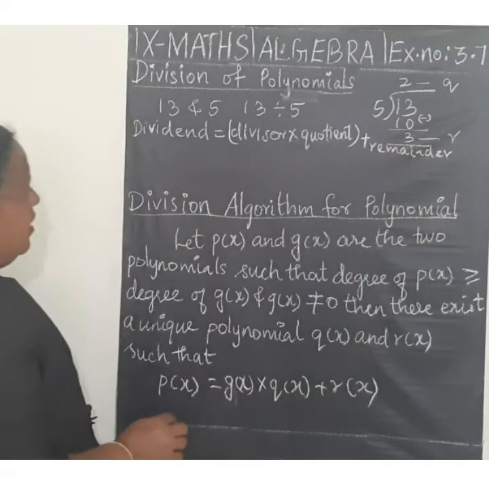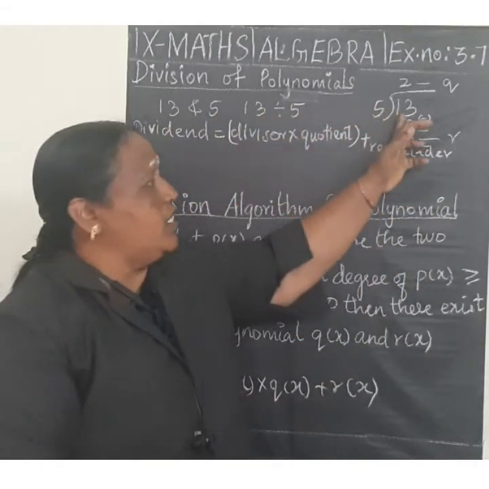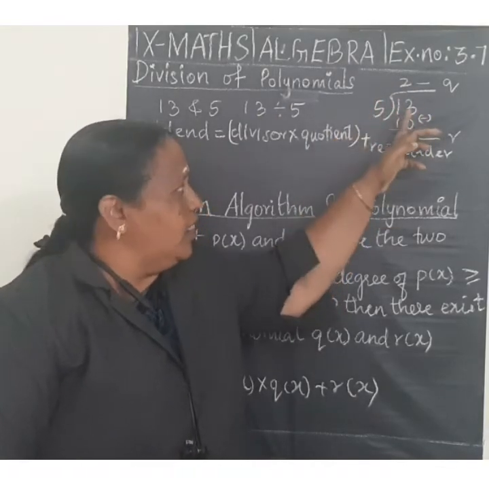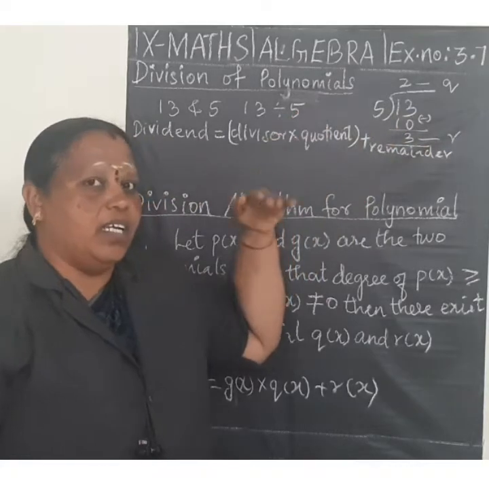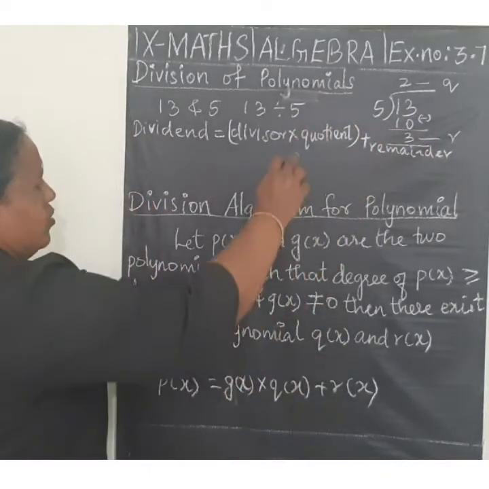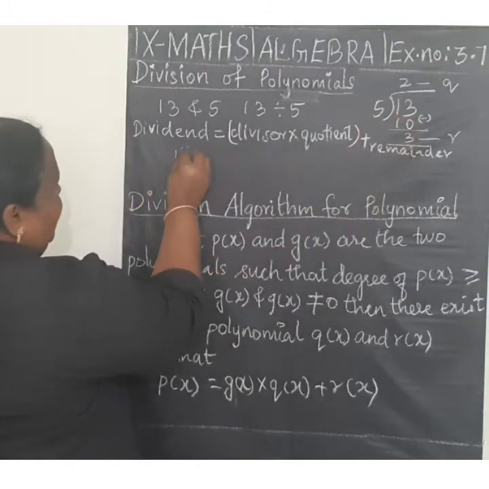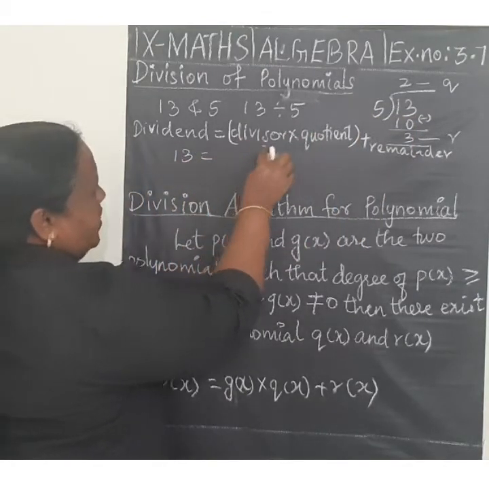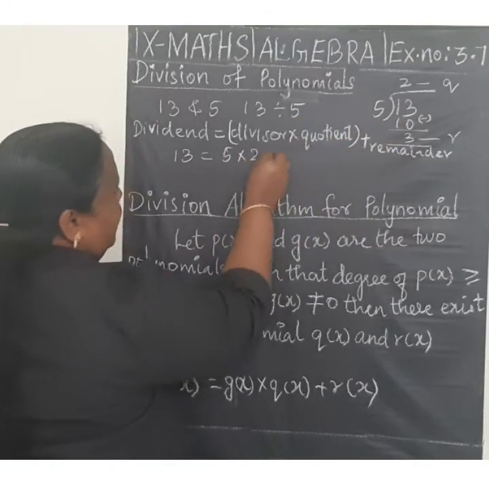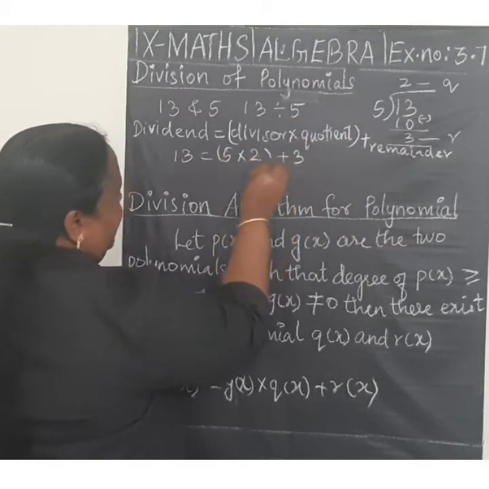So here the dividend is 13. The number which we are dividing, we call it the dividend. The number by which we are dividing, we call it the divisor. So here the dividend 13 is equal to divisor 5 into quotient 2 plus 3.